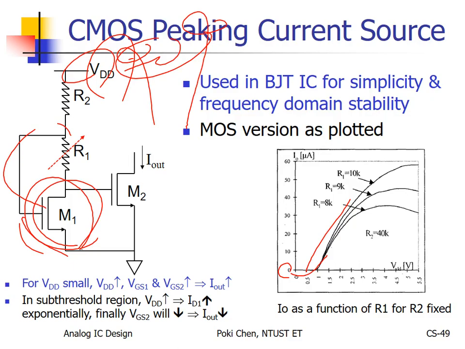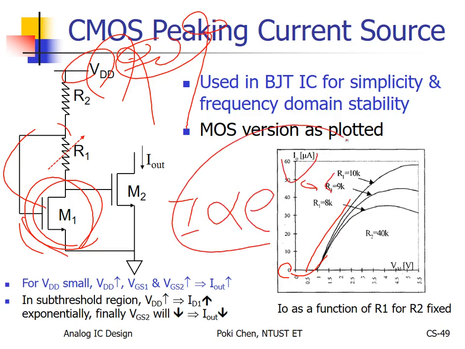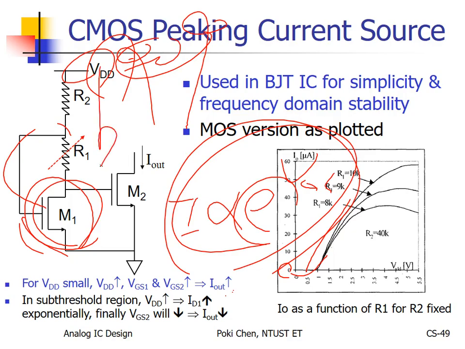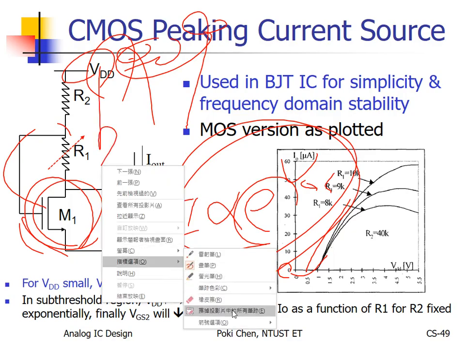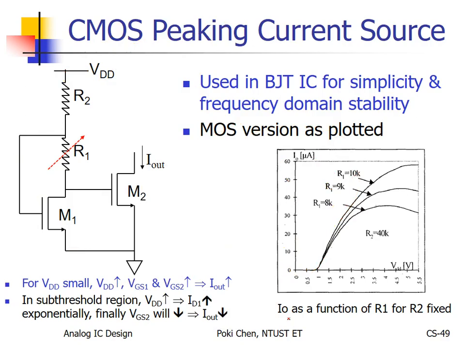In weak inversion region, the current looks like this, exponentially increased. That's it, the current. But what is the problem? Because the current will be increased exponentially, right?